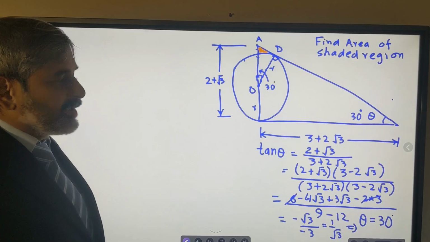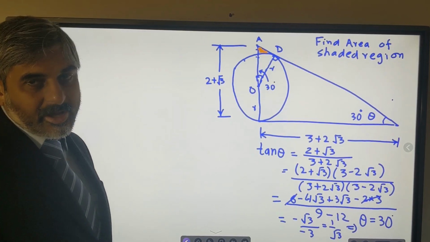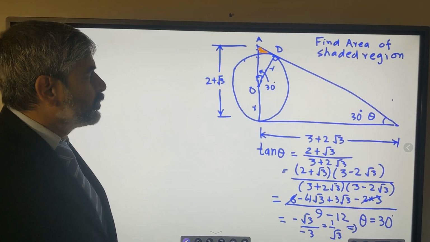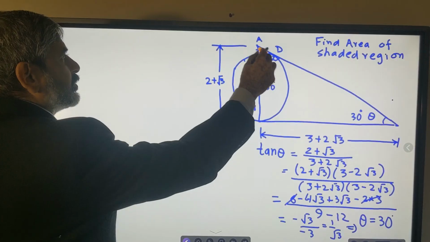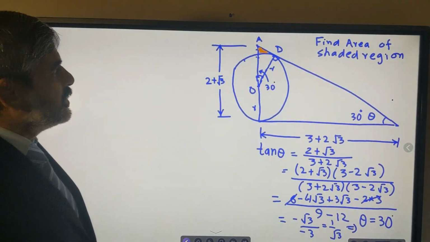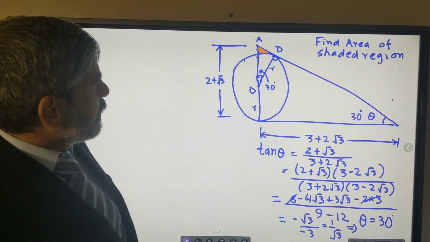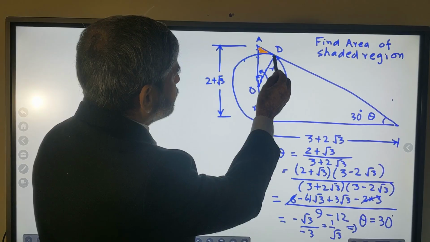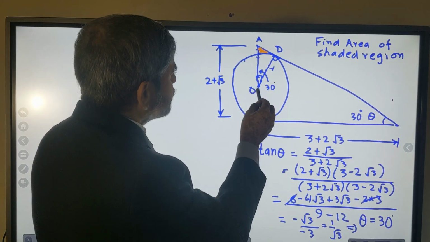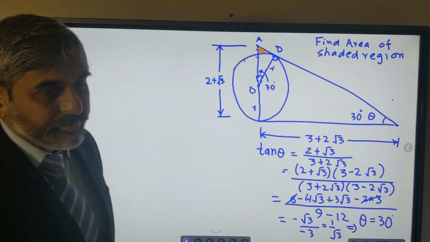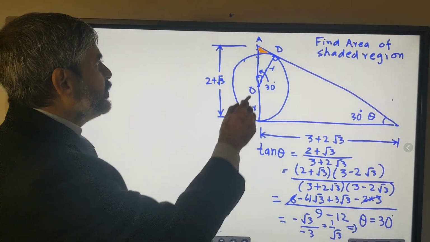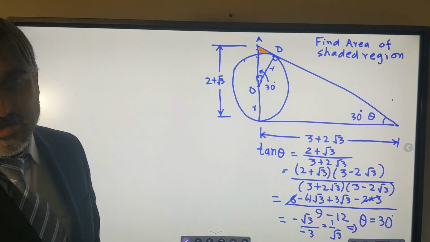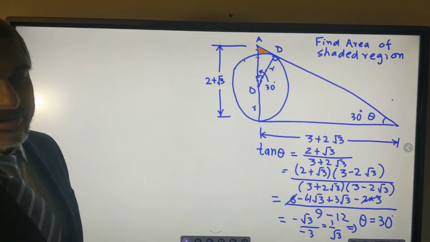The next thing we need to find is the radius r. To do that, we have a nice identity coming from this triangle. We notice that if I take the cosine of 30 degrees, it is this side divided by this side, because this is 90 degrees. And because we can express this side and this side in terms of r, we should be able to find r.